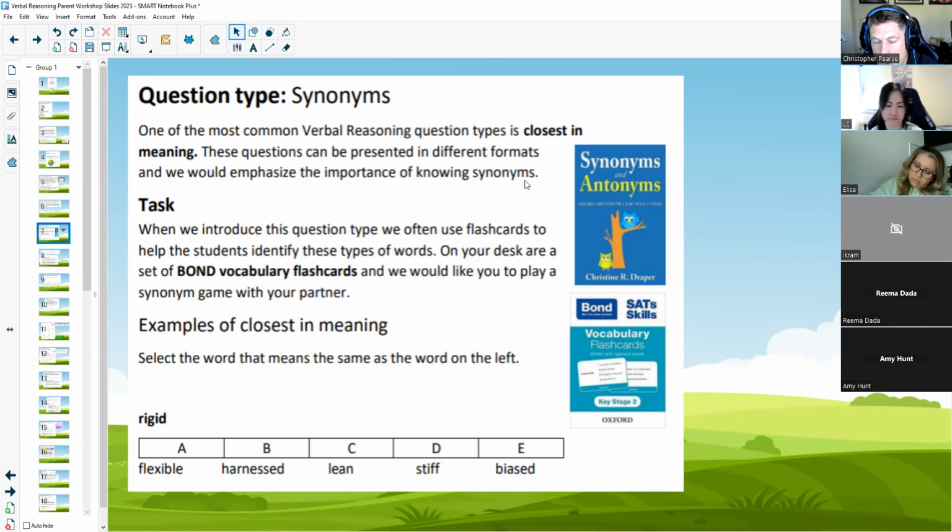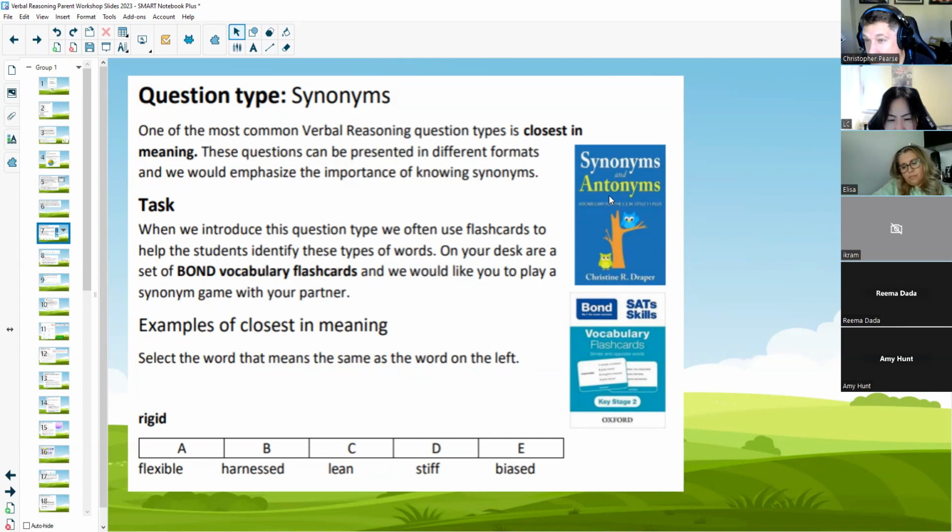I have also got this little book here, the Synonyms and Antonyms book. For a number of your children who are with us now, certainly in year 5, you may have had that book. I will say that some of the vocabulary in there is quite challenging. If your child only knows, say, 50% of the words, that's absolutely fine. I think it's important to recognise where that book has stemmed from.